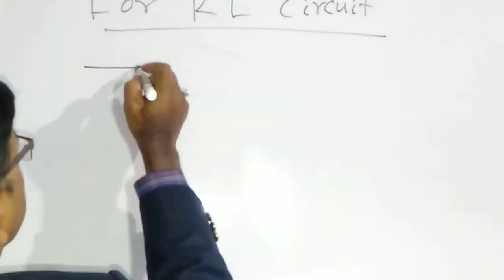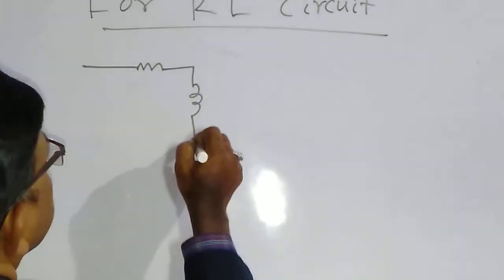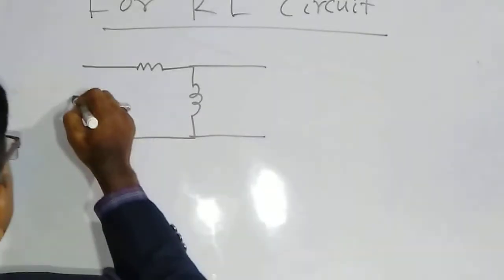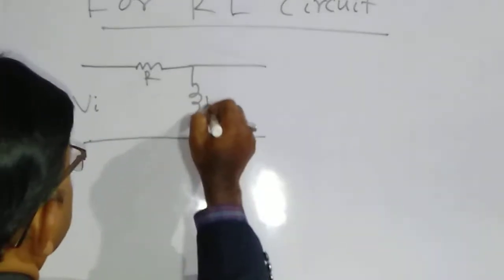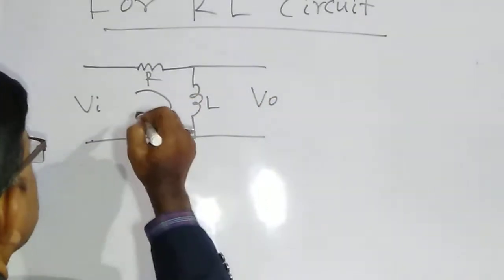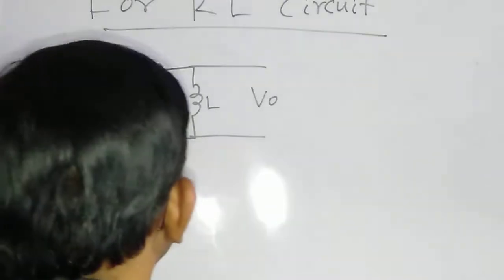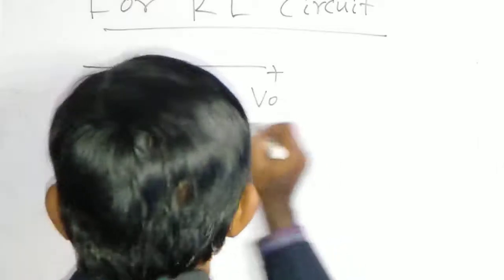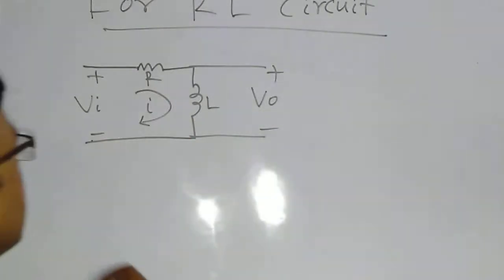So this is your Vi, R, L, this is your V naught, and this is your I. Now same way we have to calculate the differential equation.